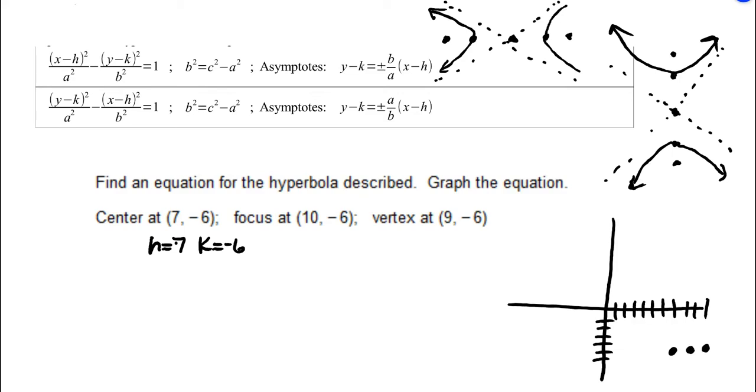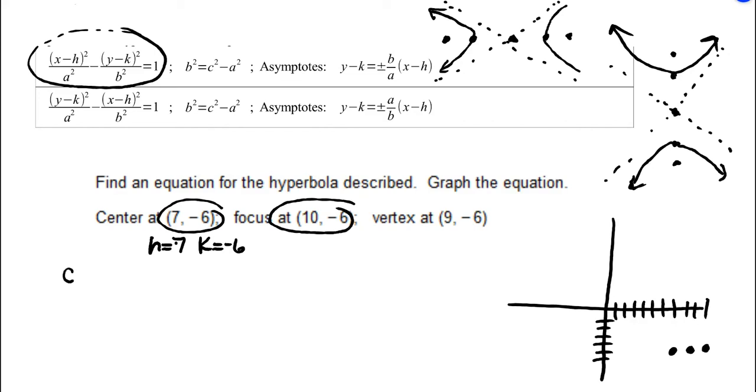Because our important features are lining up horizontally, we know that we're going to use the horizontal orientation. The distance between the center and the focus is 3, so c is 3. The distance between the center and the vertex is 2, so a is equal to 2.